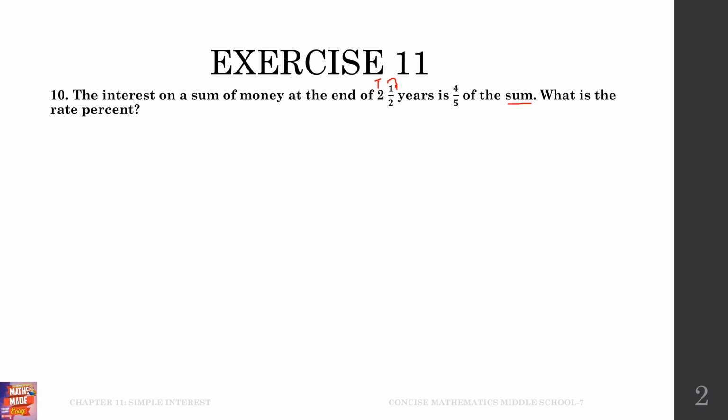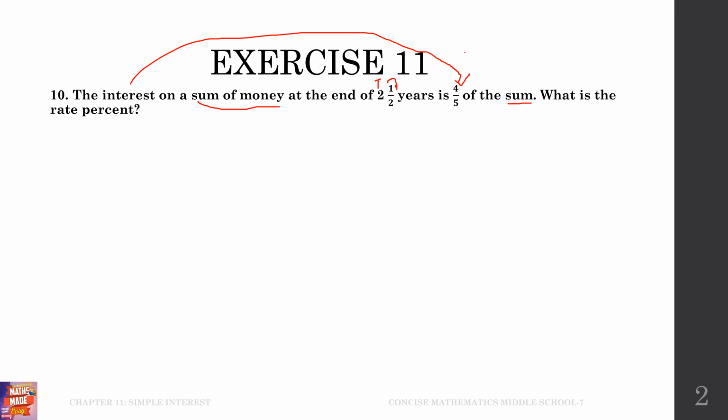He's talking about principal. And this interest is the extra amount that we are paying on this principal amount. How much is this? Interest is, let me put an arrow, 4 by 5 of this sum. I hope it's clear. That means 4 by 5 of the sum is the interest.